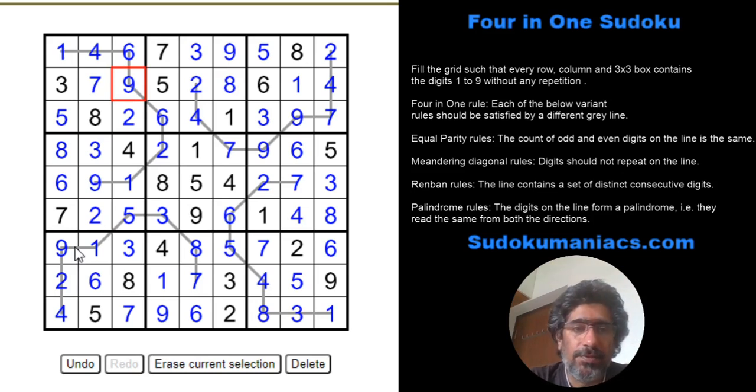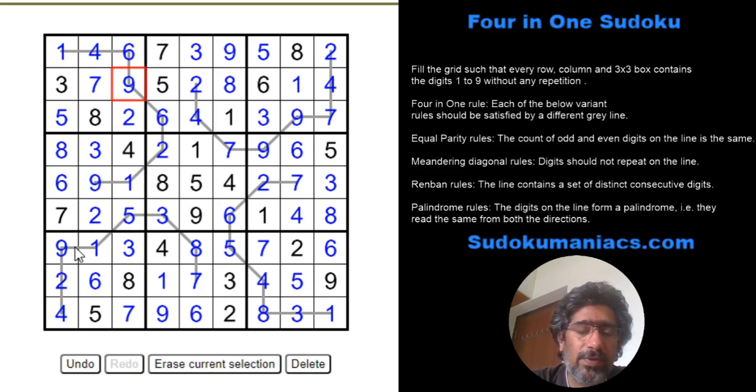So as you understood, remember the properties of the four constraints. Only on the palindrome and the equal parity counts the digits may repeat. So the best way to start off is to look for the palindrome digits, because only 4 digits will occur on that line with a reversed order at the other end.